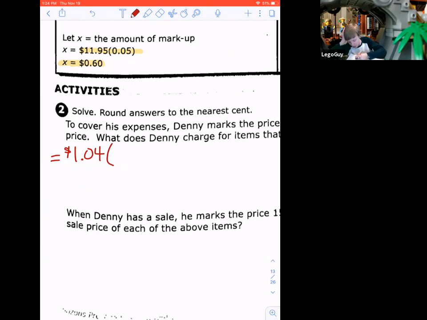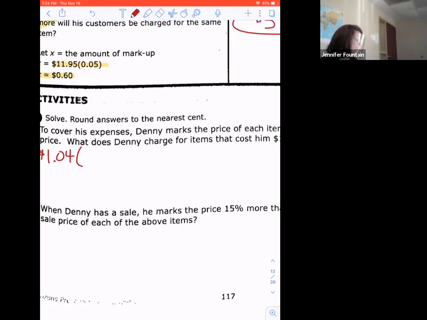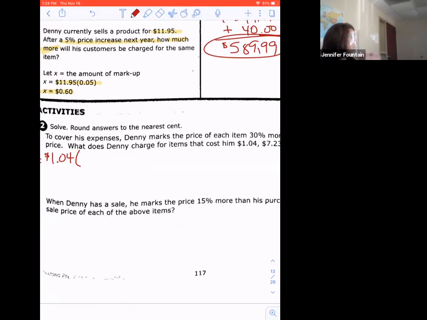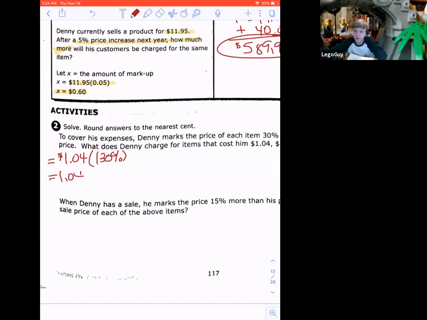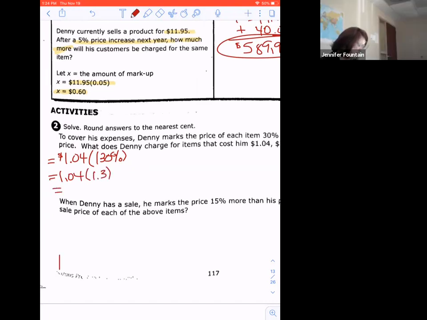They're going to be paying 130%, right? Because they pay 100% plus 30. So they're going to be paying 130%. What is that as a decimal? 1.3. Good. So I've got 1.04 times 1.3.